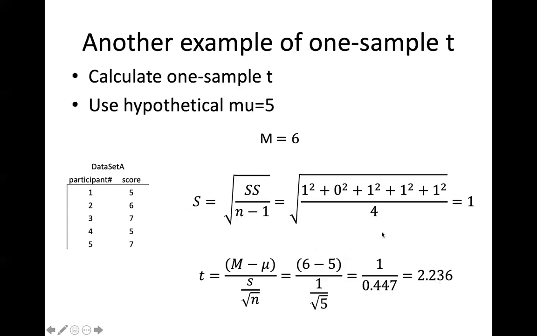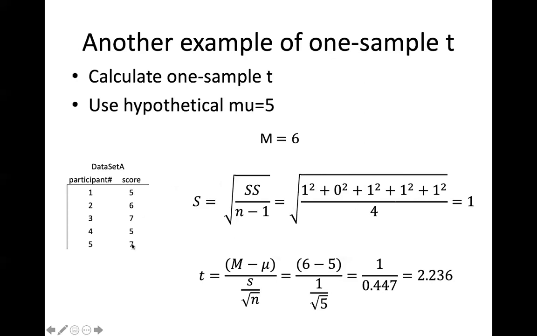And just to show you, I've actually calculated the sample standard deviation for this one. It says 1 squared, 0 squared, 1 squared, 1 squared, 1 squared. Just to remind you why we get those: 5 minus 6 squared, that would be 1 squared right there. 6 minus 6 is 0 squared. 7 minus 6, 1 squared. 1 squared, 1 squared.